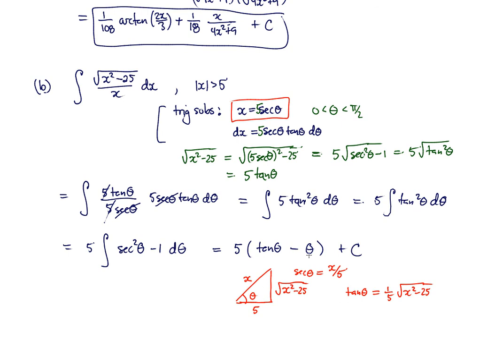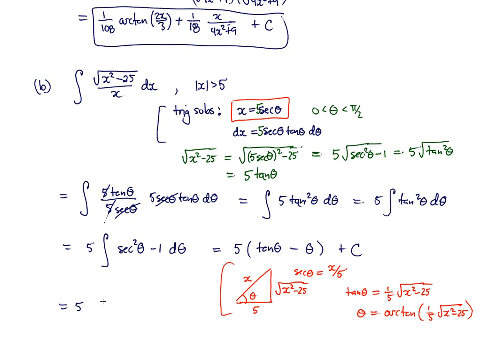And we're also going to need to know what theta is, because that's present in the antiderivative. And so we could just use the expression for tangent and take its inverse. So theta is arctan of 1/5 the square root of x squared minus 25. So using those two relationships, we then get that this is 5 times tan of theta.